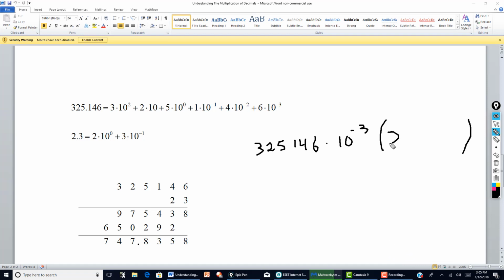And the other one is 23 times 10 to the negative 1.